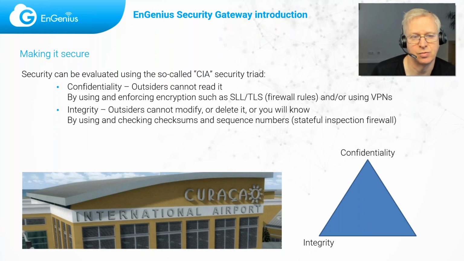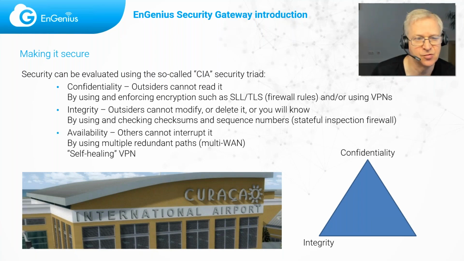Integrity is about not being able to modify or delete the packaged information without you knowing. This is usually done by checksums and sequence numbers, and by your stateful inspection firewalls.